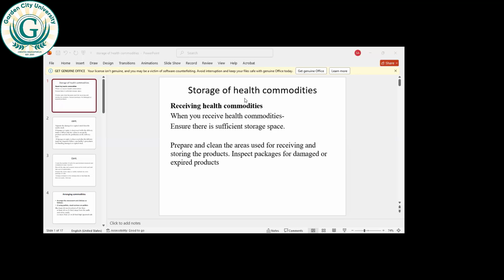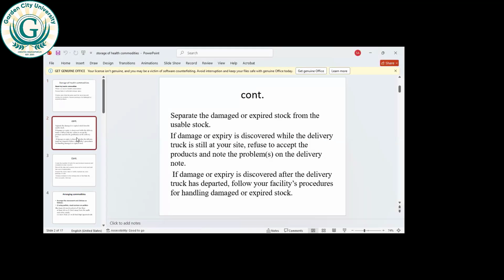Another aspect is inspection for damaged or expired products. We need to inspect to see whether some are damaged or expired, then you remove them from the usable stock. You also separate the damaged or expired stock from the usable one.